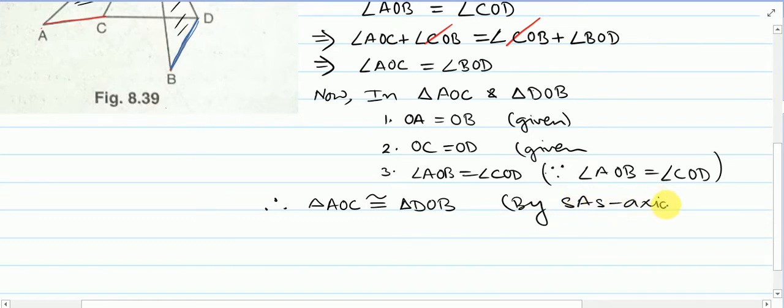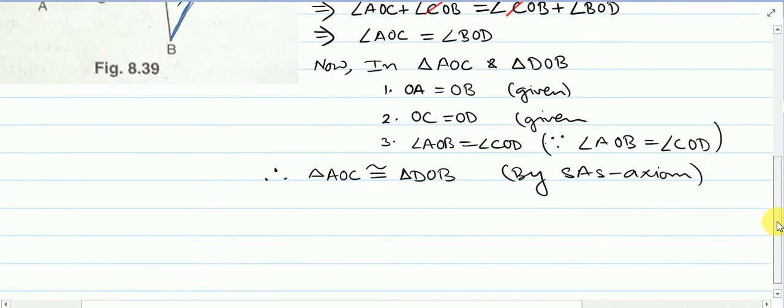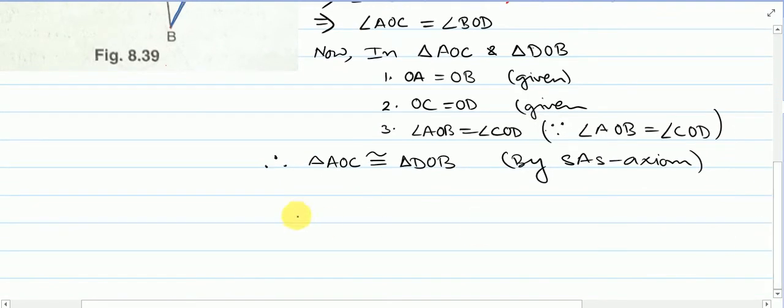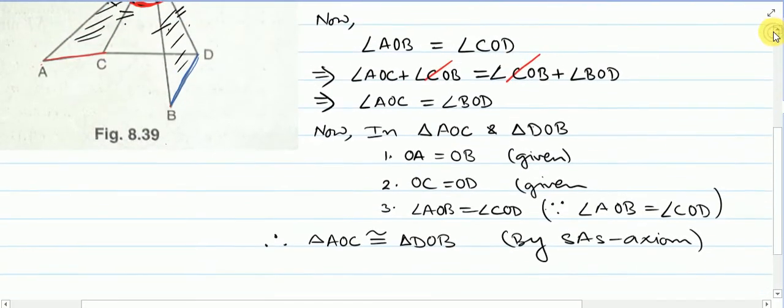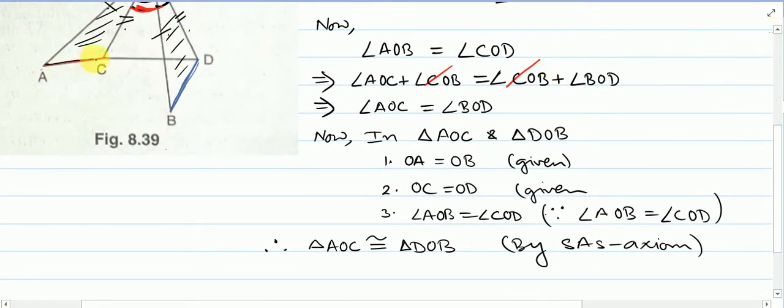Now since these two triangles are congruent, their corresponding parts are going to be congruent. That means corresponding angles equal, corresponding sides equal. So the corresponding side for AC is BD, therefore these two will be equal.